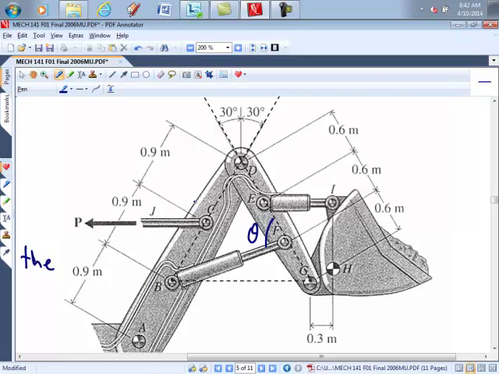Actually, I should be able to do it. I have side, angle, side for this triangle. So yeah, I can use the law of cosines to figure out the side length. So if we call this side length L. This angle is 60 degrees.